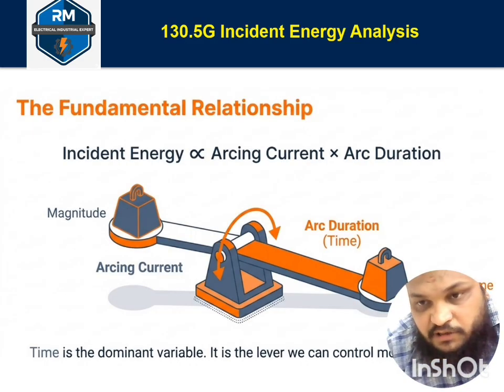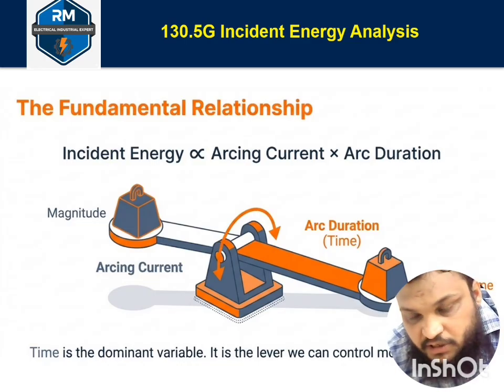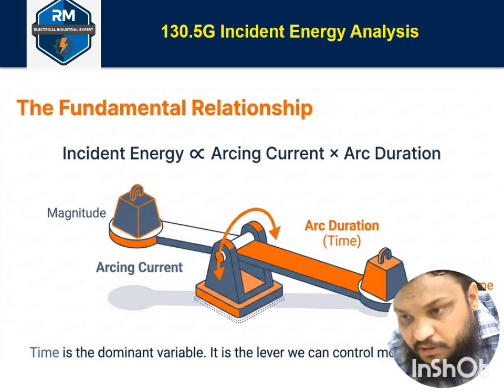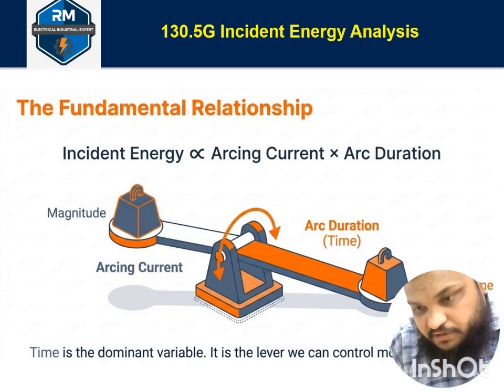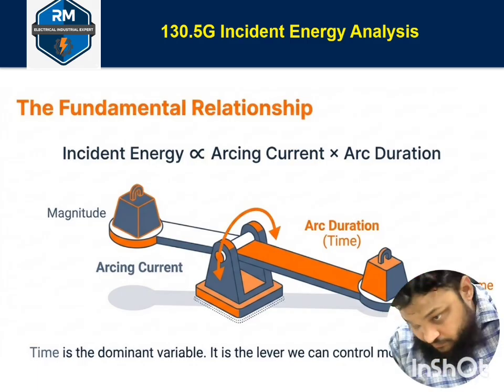So the fundamental relationship is that incident energy depends on arcing current as well as arc duration. The main parameter is the arc duration, and time is the dominant variable. It is the lever we can control.